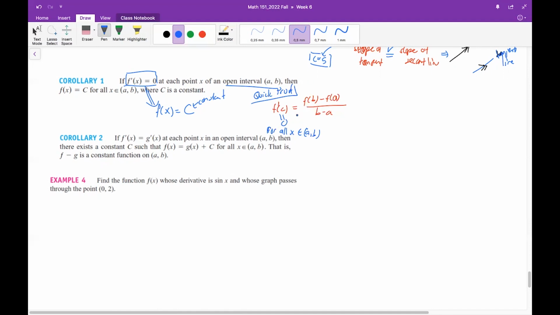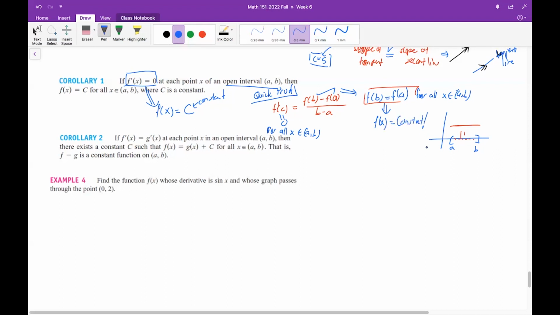To have this ratio always 0, we need to have that f of b is always equal to f of a for all values of x inside this interval, right? This proves that since all the values of your function are the same over this interval, so let me draw a picture. These are always the same for all x, meaning that you have such a graph. No matter which x you choose, you find the same image. So this proves that f of x has to be a constant function, okay?